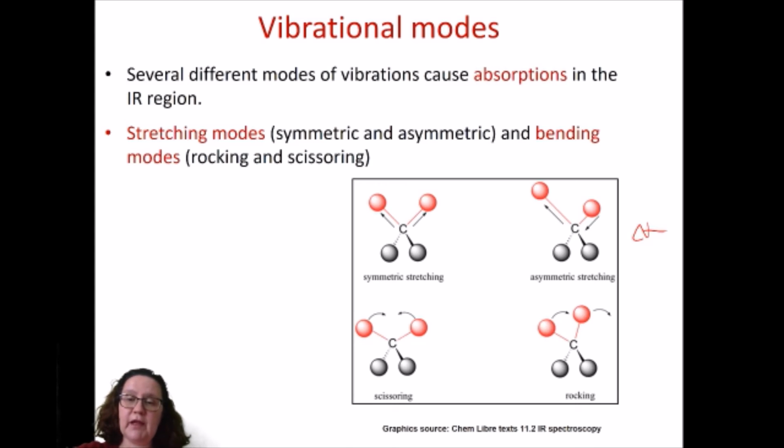There are also bending modes, which involve 3 atoms, where the 2 atoms at the ends of the bonds bend with respect to each other. There are 2 types of bending mode, the rocking mode and the scissoring mode, and as you can see from the diagrams, they're slightly different. So: stretching modes, symmetric and asymmetric, and bending modes, rocking and scissoring.